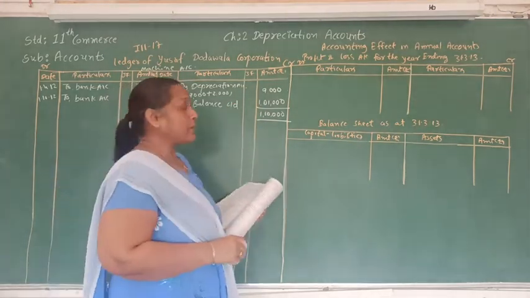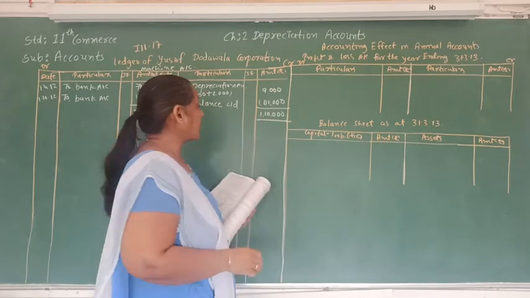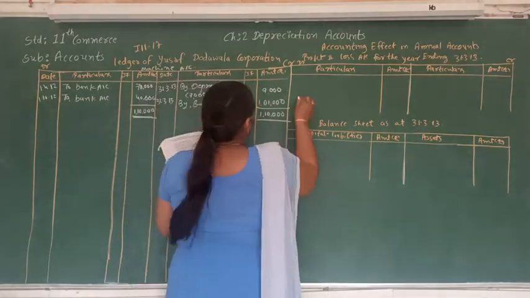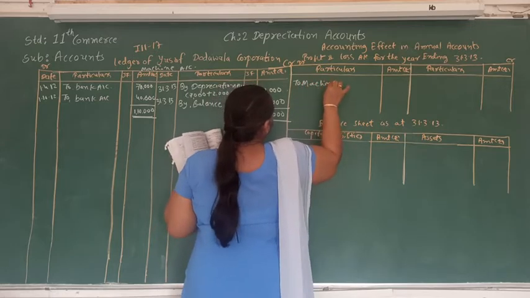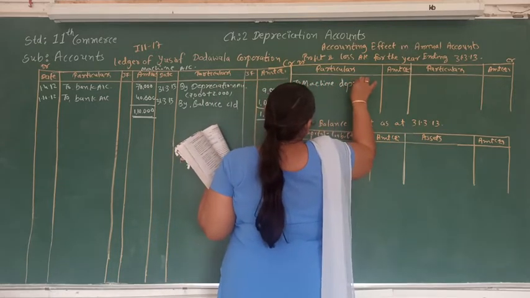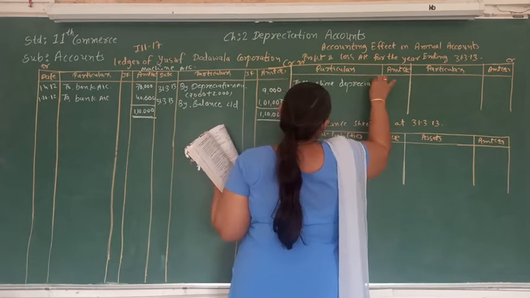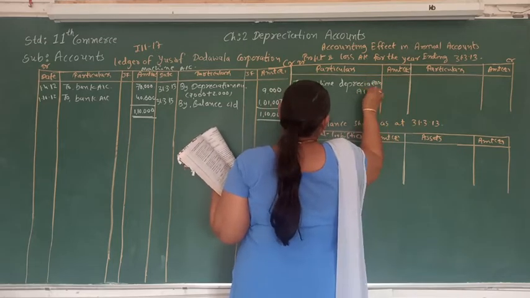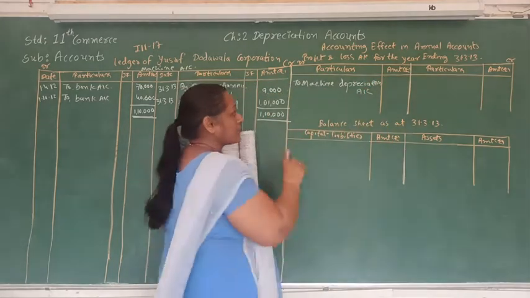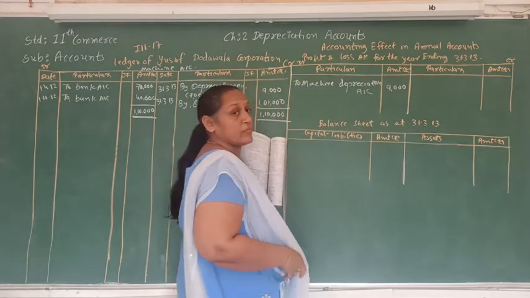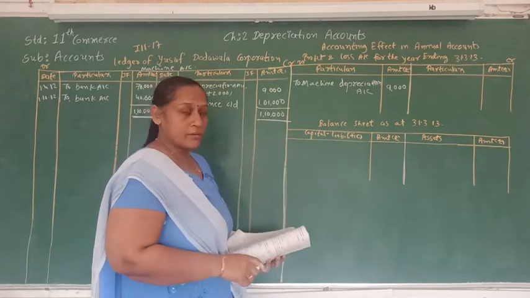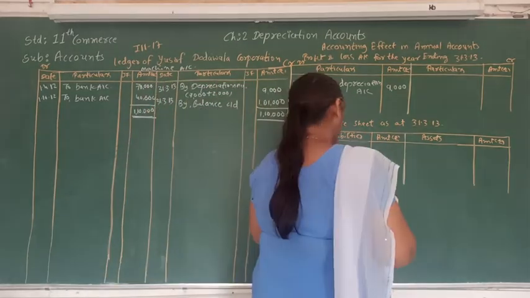Now let's prepare the profit and loss account, as there is a depreciation of machine, to machine depreciation account. And total depreciation is 9,000. Then we are supposed to debit it to the profit and loss account, and in the balance sheet we have to show the machine.